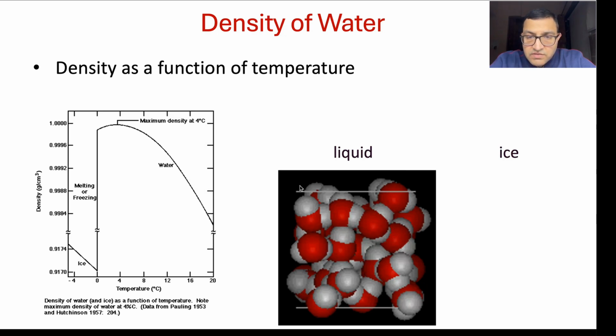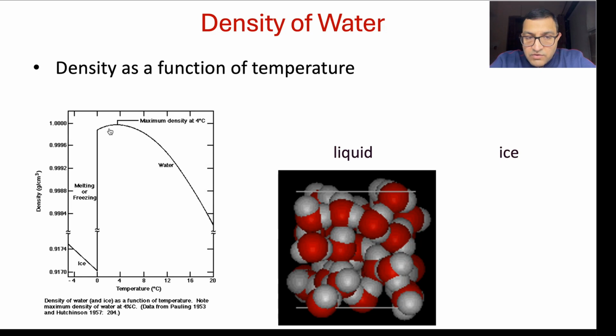As you can see here, it shows the liquid, and then it becomes more and more compact, and it reaches a maximum point. The maximum density is at 4 degrees Celsius, and from 4 to 0, something very unique happens.